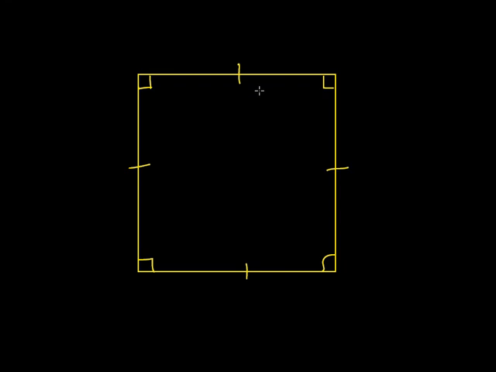So guess what's true? Let's do the diagonals. Now this is pretty cool. Watch this. Since it's a parallelogram, you know the diagonals bisect each other, right? Since a square is a rectangle, the diagonals are equal to each other. Since a square is a rhombus, guess what happens?